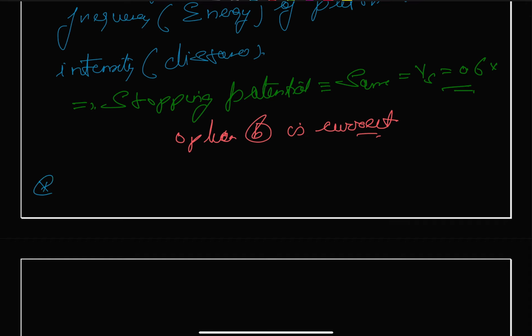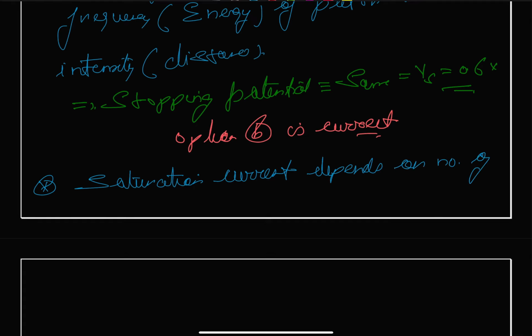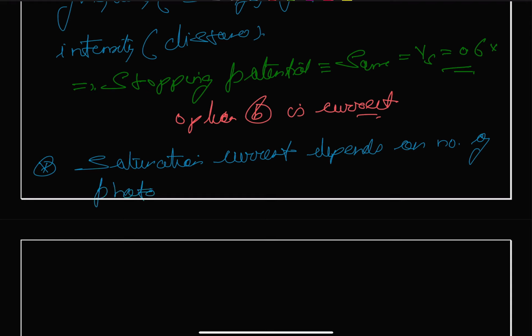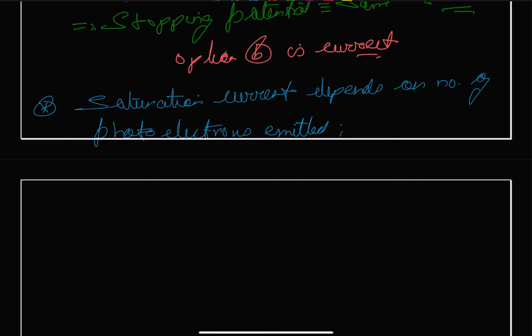So we can say that our saturation current depends upon the number of photoelectrons emitted, and which is proportional to the intensity of light.